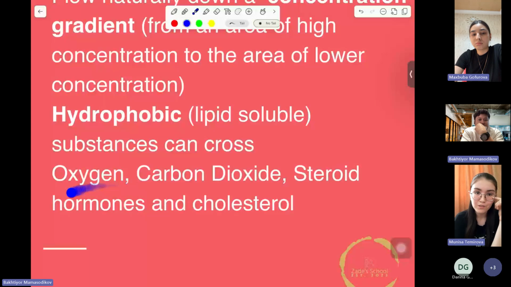I have never heard about this hormone. What's actually hormone? Mahbuba, what's hormone? These are substances that can tell your body what to do, like about our mood, also sleep, hunger.